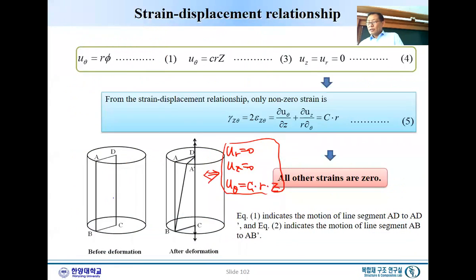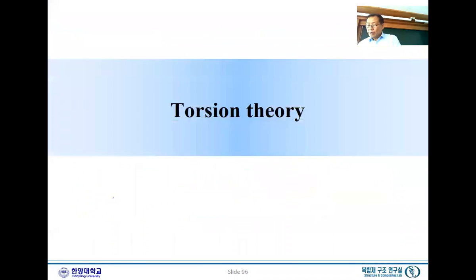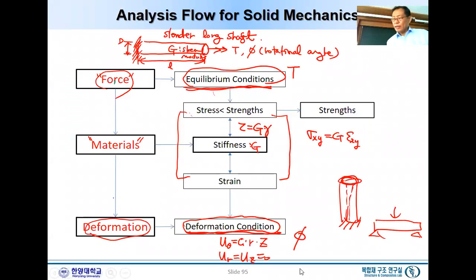Okay, that is the story about gamma z theta. So I will write down here again. The point here is that this is a displacement field. Now the strain, as we just derived, gamma z theta, again, we magnify this part, and this will have a certain shear deformation.